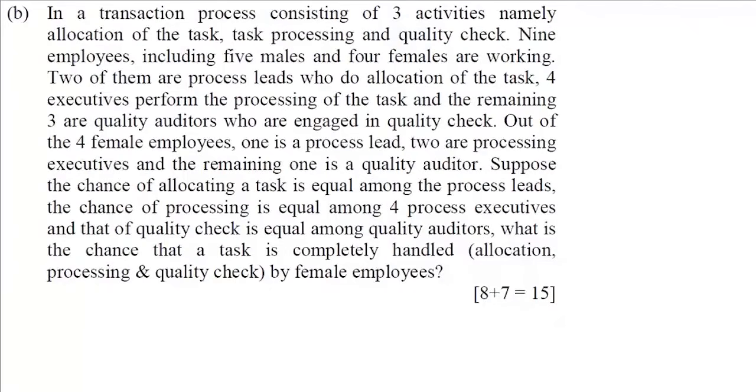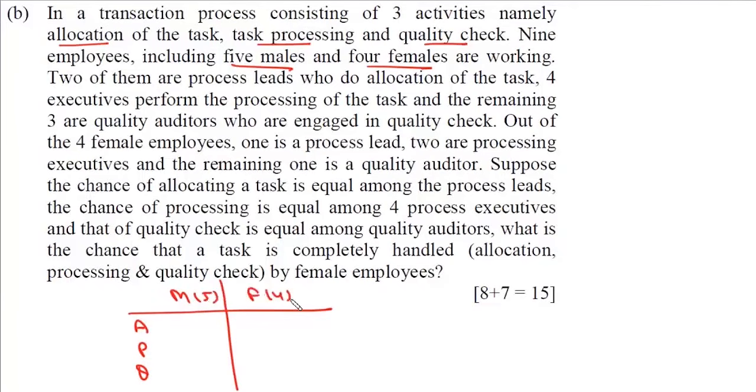Now it says, in a transaction process consisting of 3 activities, namely allocation, task processing and quality checks. So we have allocation, task processing and quality check. 9 employees including 5 male and 4 female. So we have 5 males and 4 females who are working. 2 of them are process leads, 4 perform processing, remaining 3 are quality auditors.